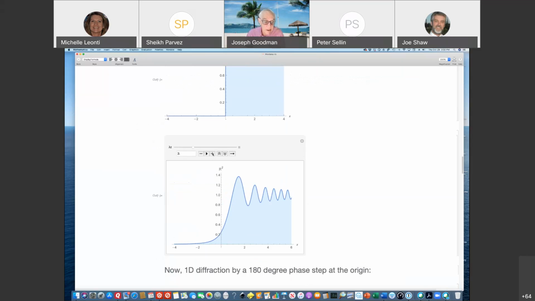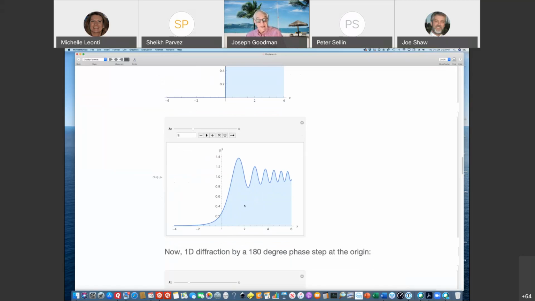But one thing I'd like to point out is that in every case, this diffraction pattern is crossing the vertical axis at 0.25. That is at 1/4 the height of the opaque half screen that we used. And this is characteristic of coherent imaging of an edge.